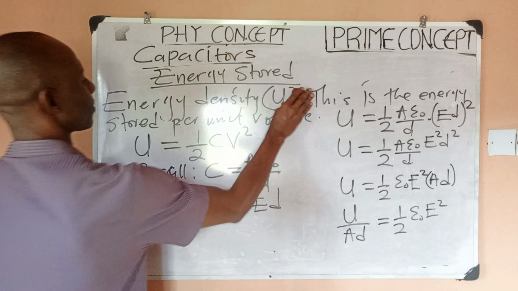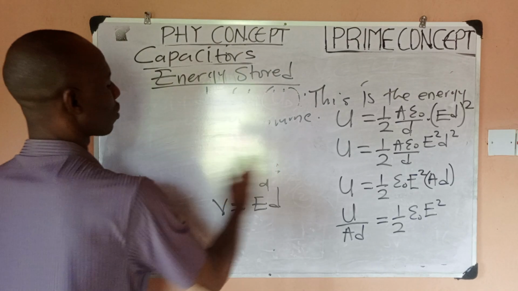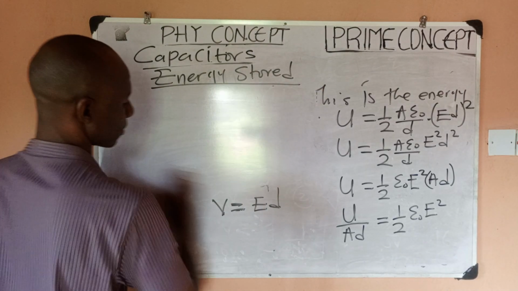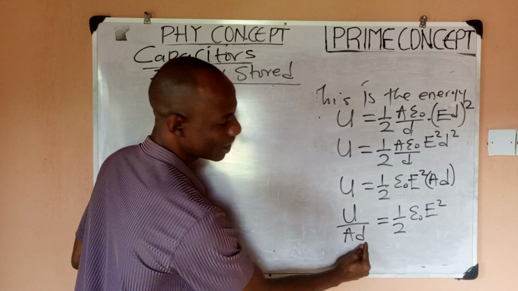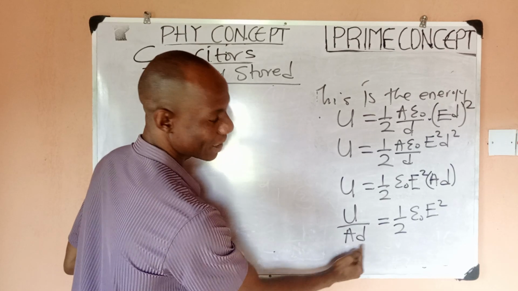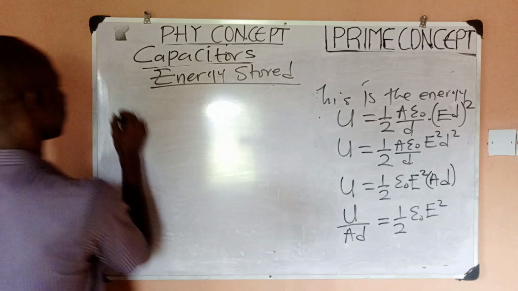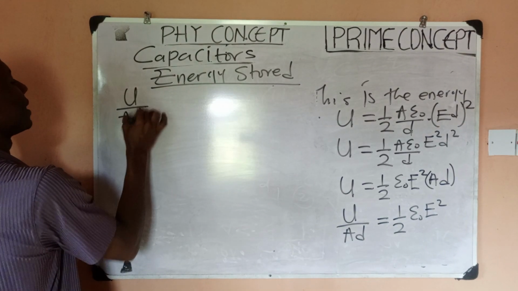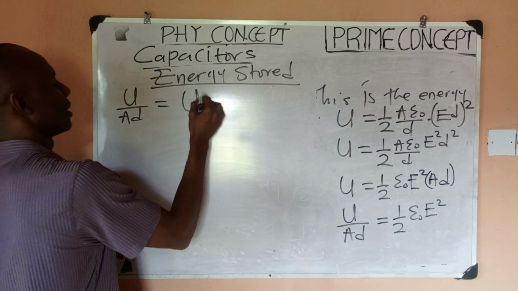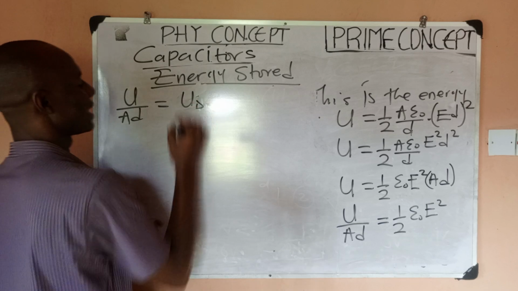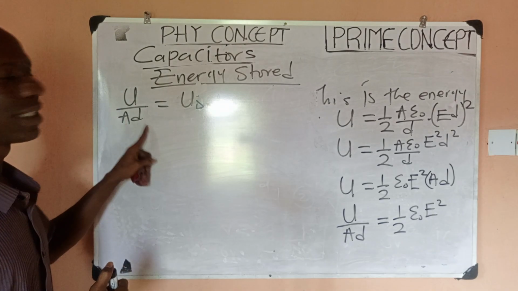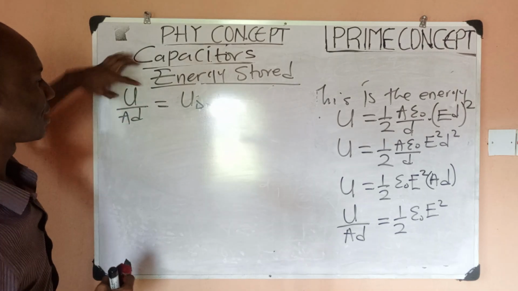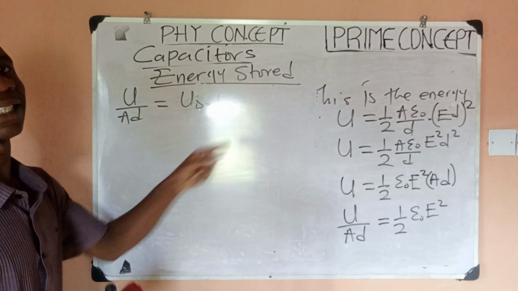So we can now conclude that the energy per unit volume, U over Ad, is energy density, where Ad is what? Volume. So energy per unit volume is what we call energy density.